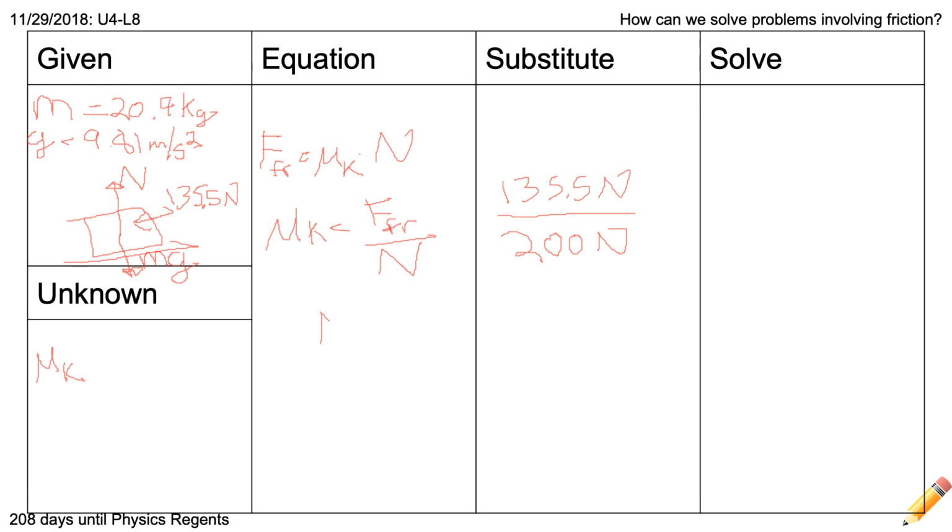Remember, N here is going to be equal to m times g because a in the y direction is 0, so these two forces must be equal to each other. I plug that into a calculator and I get that the coefficient of kinetic friction is 0.6775.